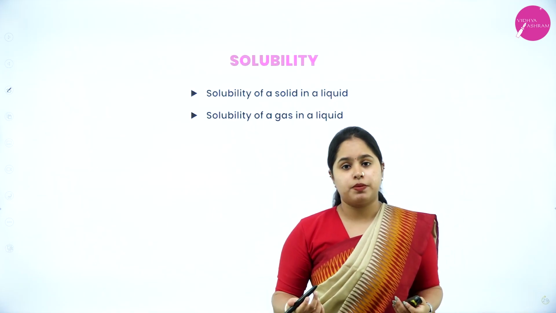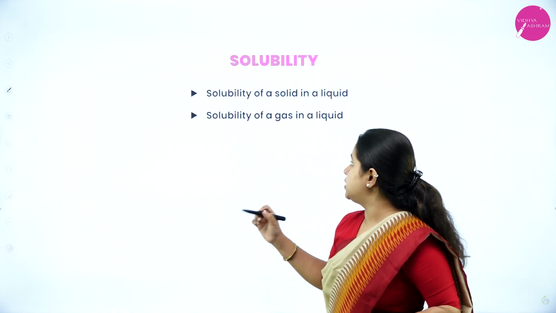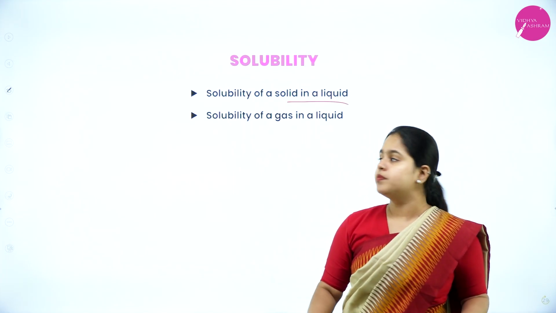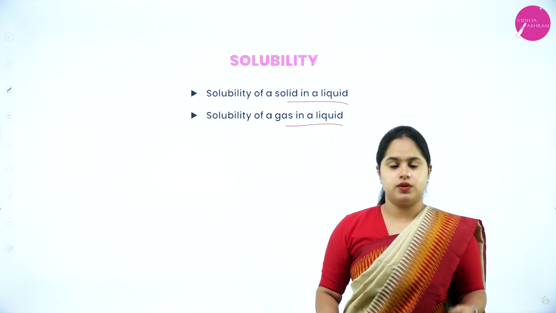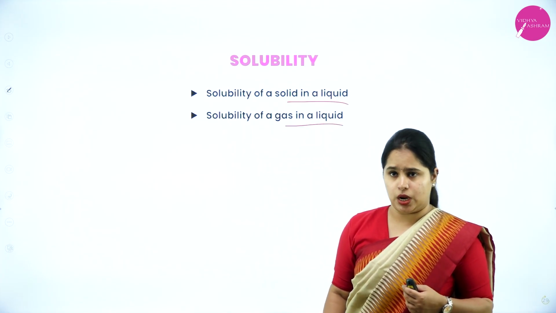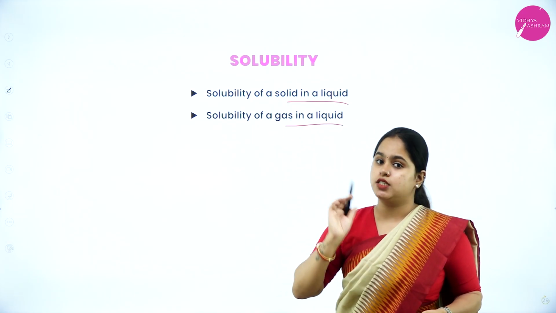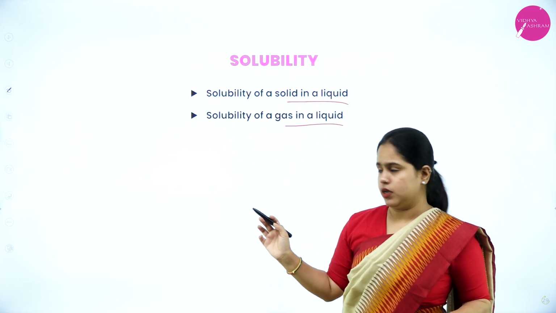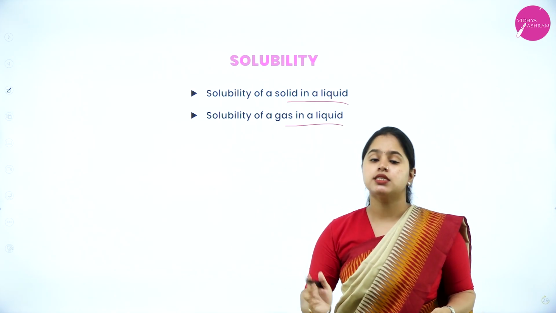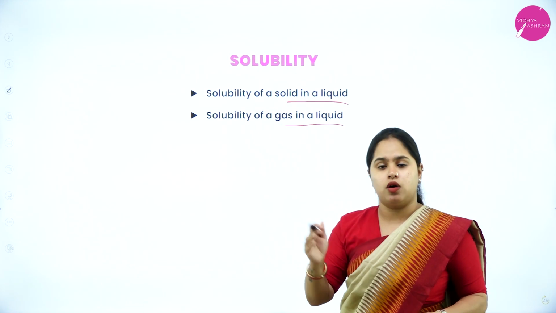So now in this chapter, we will be discussing the solubility of a solid in a liquid and the solubility of gas in liquid. These two we will be discussing in this chapter. Solubility of solid in liquid means the solute is solid and the solvent is liquid. Solubility of gas in liquid means the solute is gas and the solvent is liquid.